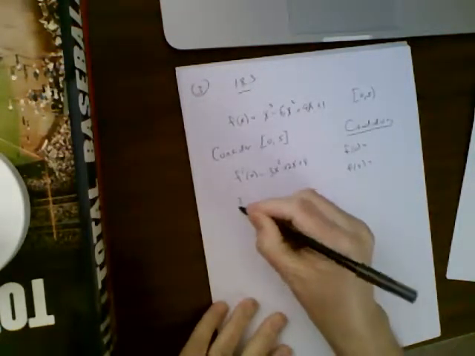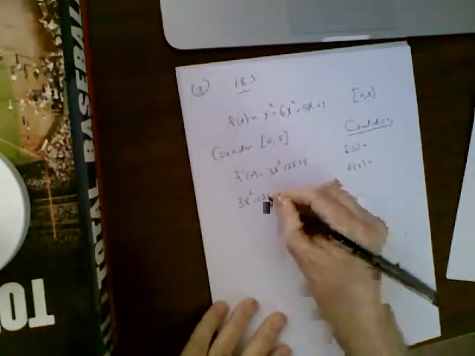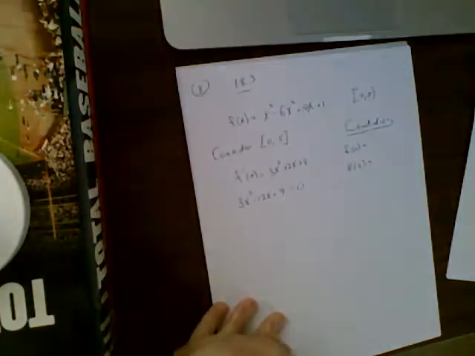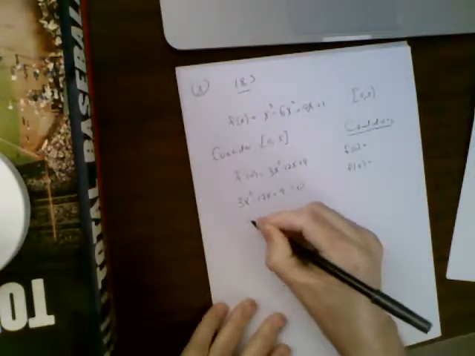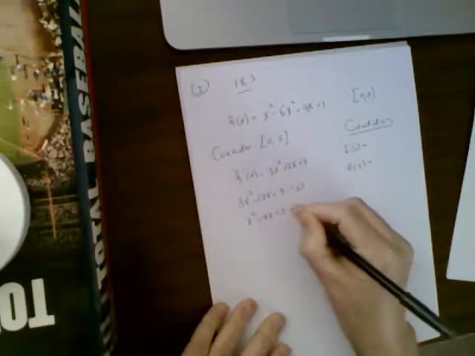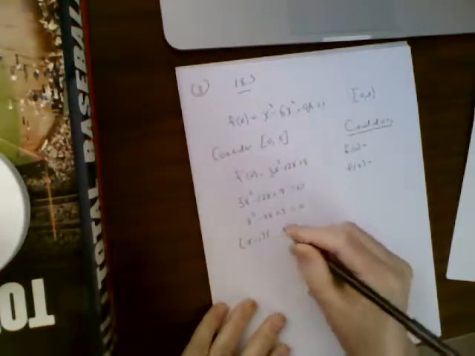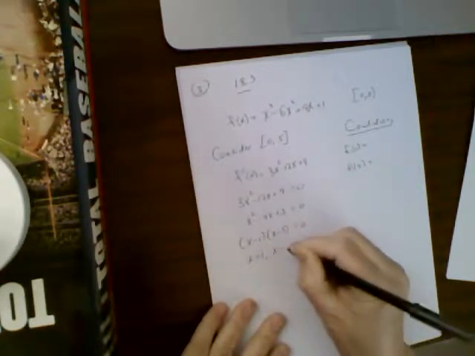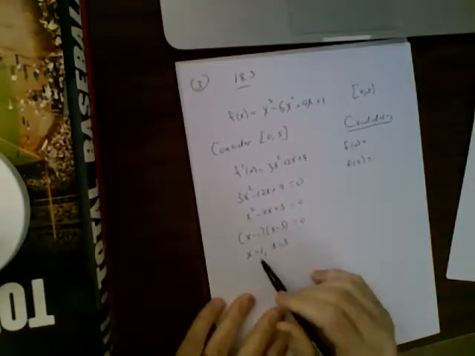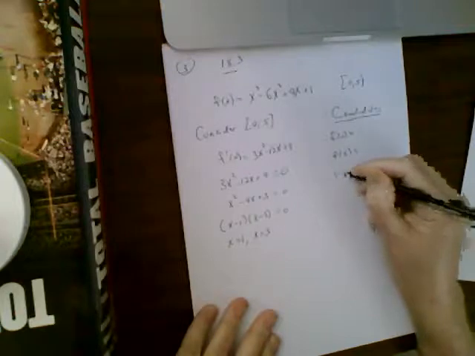Well, if 3x squared minus 12x plus 9 is equal to 0, dividing out by 3, that means x squared minus 4x plus 3 is equal to 0. This looks like it factors as x minus 1 and x minus 3. We get x equals 1, x equals 3. Both of them live inside the interval, so we have to consider them.